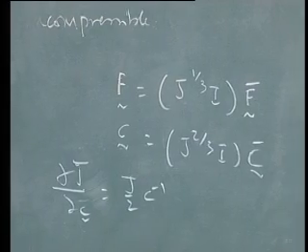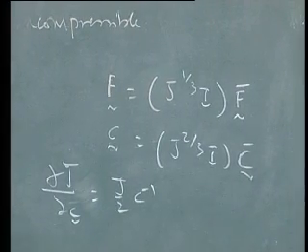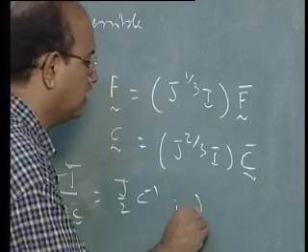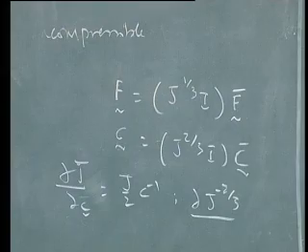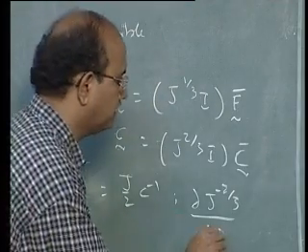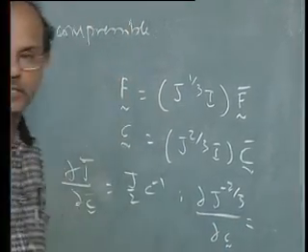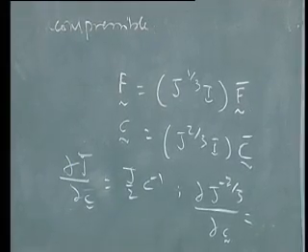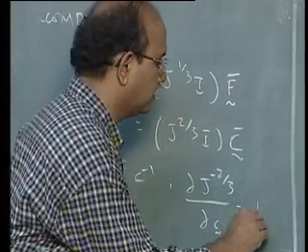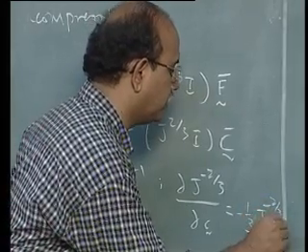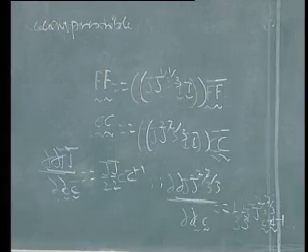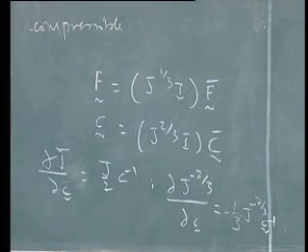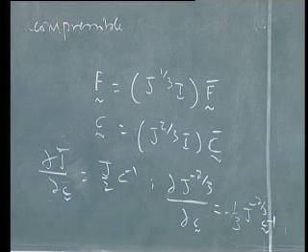So some of the expressions: dou of J power minus 2 by 3 by dou C is equal to minus 1 by 3 J power minus 2 by 3 C inverse. And then a few more which we may need. In fact, you may need them for doing problems.